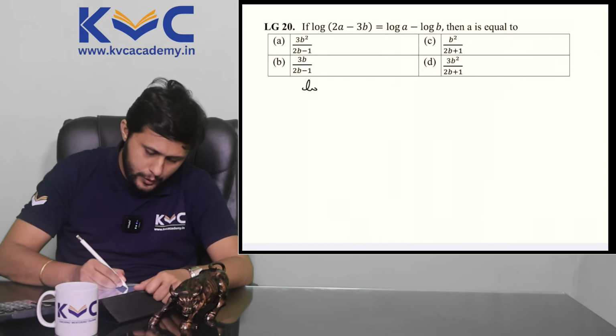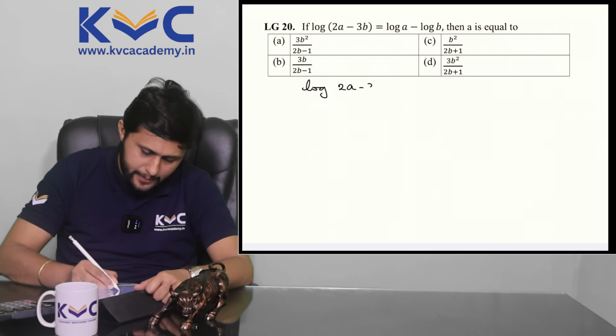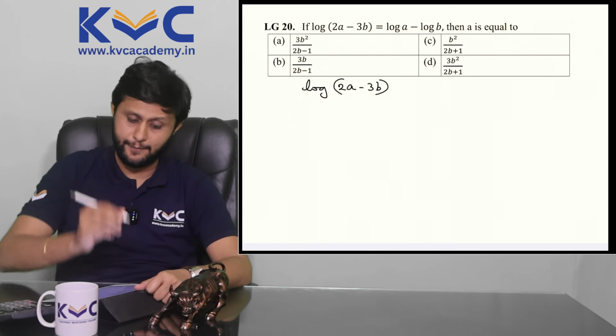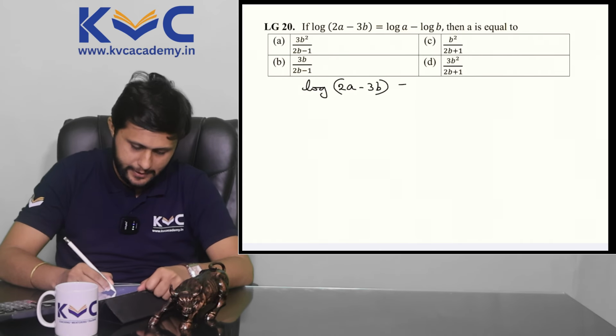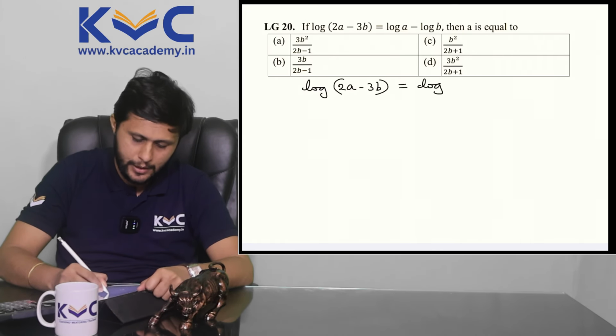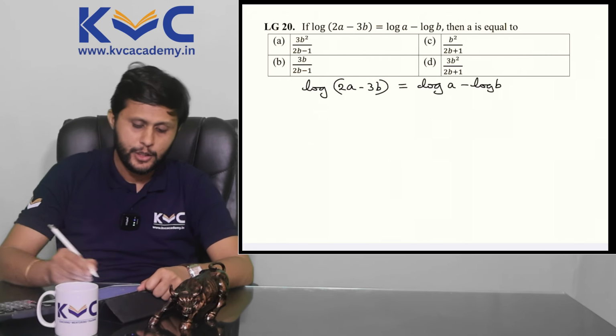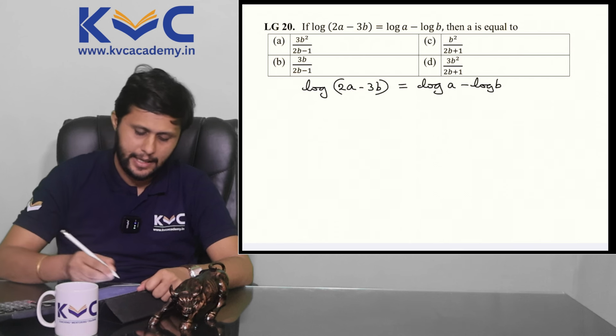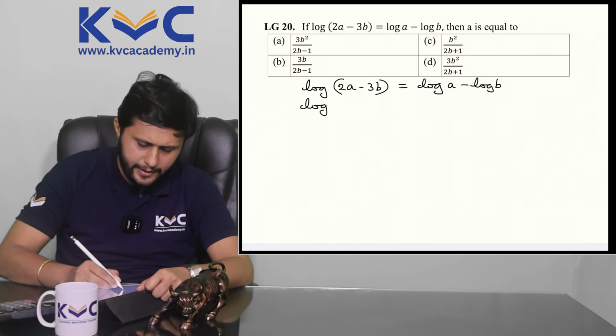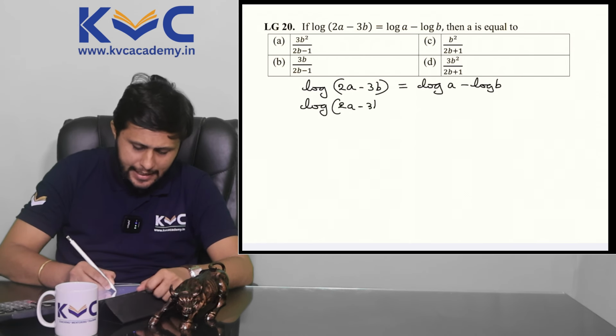We have log of 2a minus 3b. Okay, everything is inside logarithm. Very good, equal to log a minus log b. Here, the right hand side is not inside logarithm, but we can simplify it. Left hand side I will write as it is.